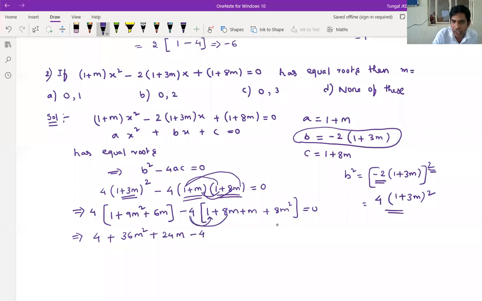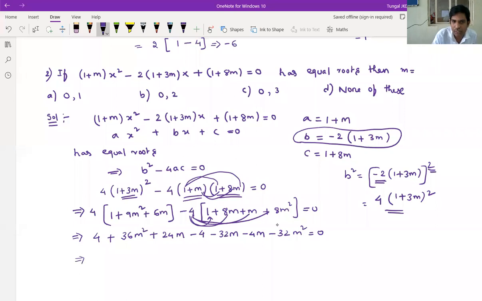Minus 4 into 8m nothing but minus 32m. Minus 4 into m nothing but minus 4m. Minus 4 into 8m square nothing but minus 32m square is equal to 0. Understood everyone? Just multiplied, simplification only.